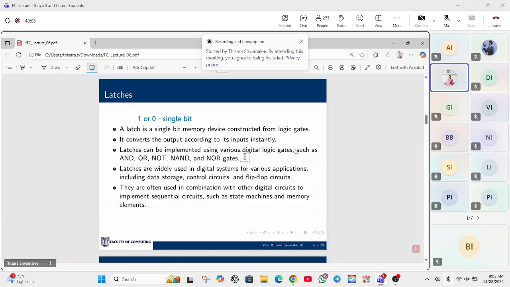In there, latches are used to hold data temporarily within microprocessors. We use registers to store small data temporarily, and in order to store those data, these registers also use latches, because latches can store single-bit data.